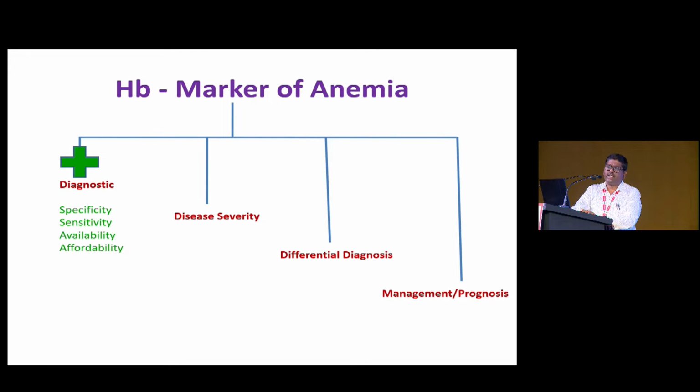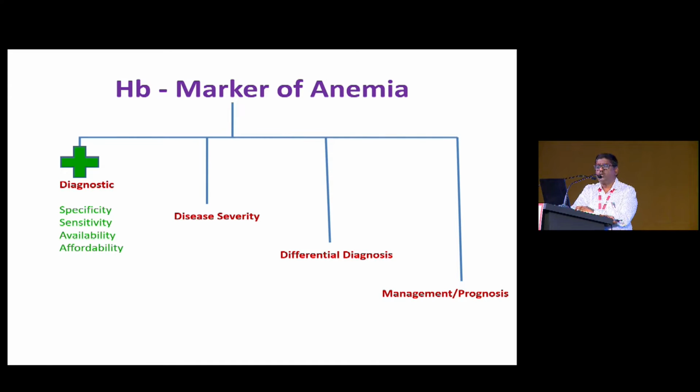Sensitive, yes, with the available methodology it can be picked up even at a lower level and even at a higher level it can be extrapolated. Availability even in a rural setup at the primary health level, we can estimate anemia. With hemoglobin, we need not have highly qualified, experienced technologists. Yes, availability is fine with a reasonable cost. So based upon this, hemoglobin is a better diagnostic marker.